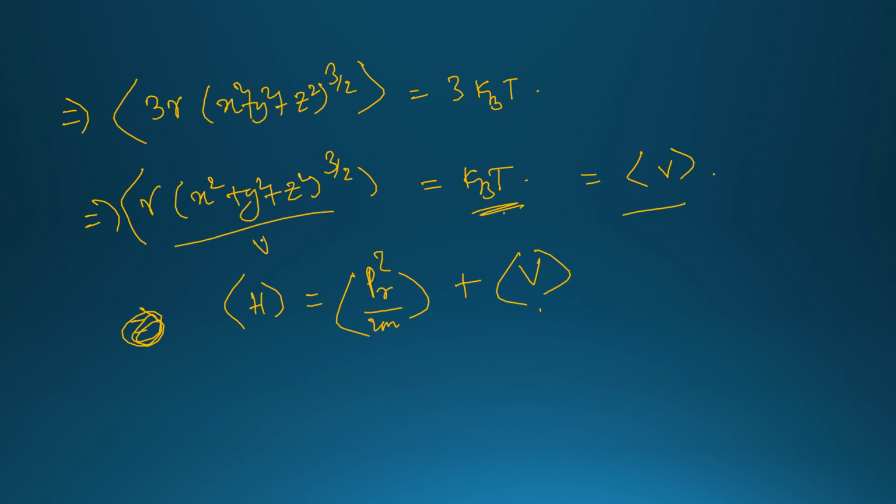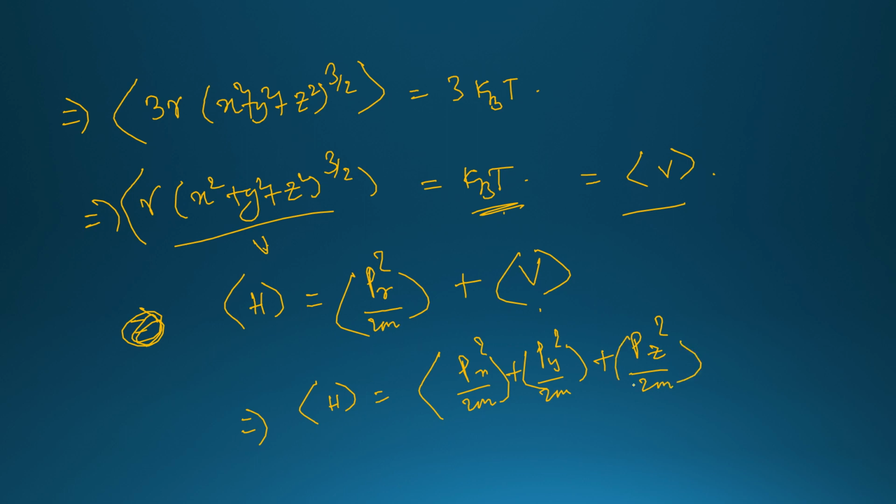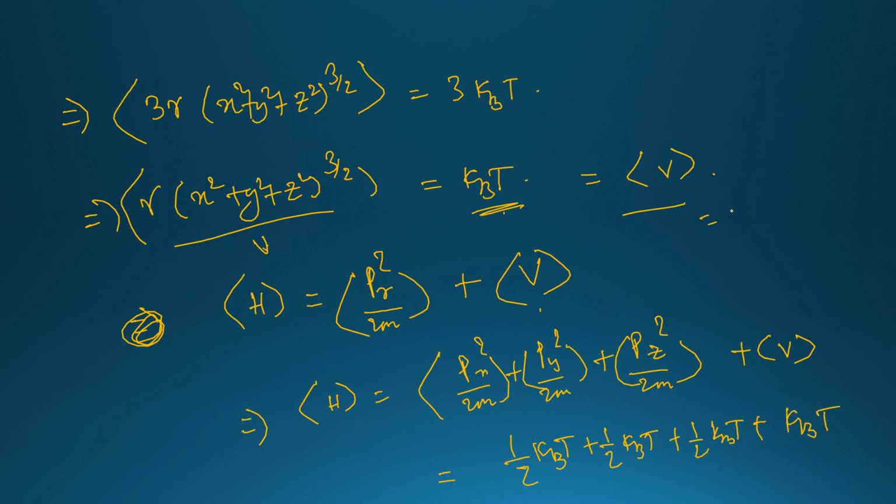So H is equal to px square by 2m plus py square by 2m plus pz square by 2m plus V. So this should be equal to half kBT, half kBT, half kBT plus half kBT plus half kBT plus V.